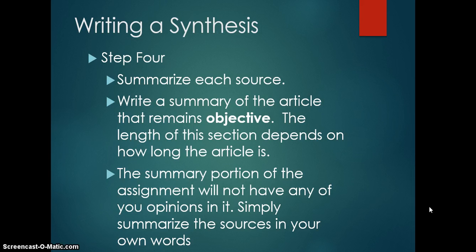Notice here it says it remains objective. Also, the length of the section depends on how long the article is. Some of the students in the critique exercise had articles that were up to 20 pages long, and some of the articles were 5 or 6 pages. So it's really going to matter on the length.